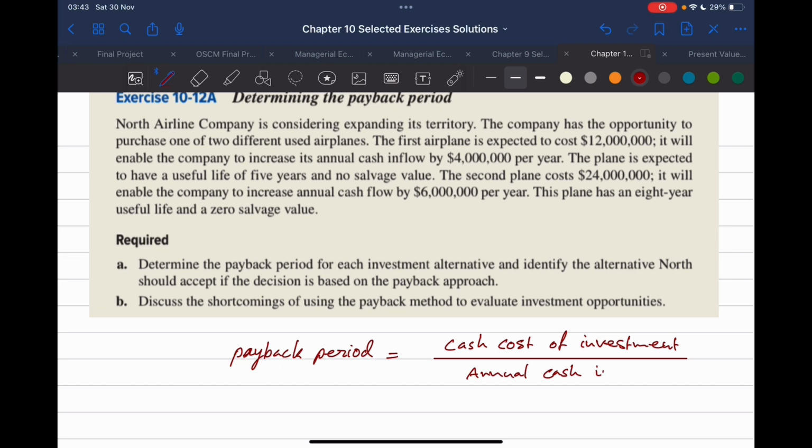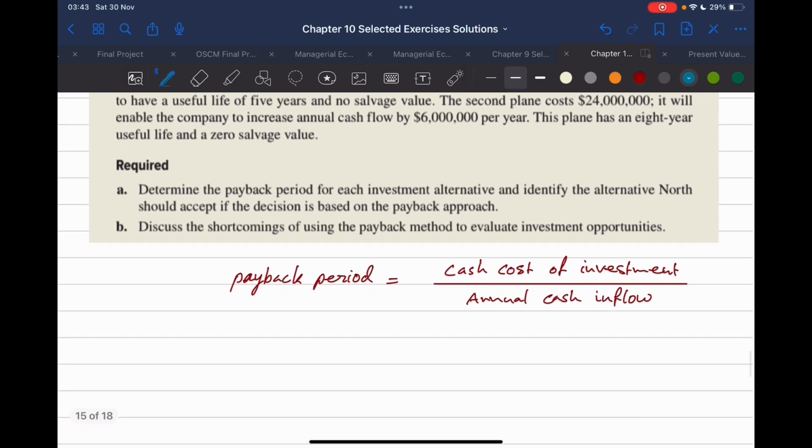So we'll call it the annual cash inflow. All right. So let's substitute in the formula for both alternatives.